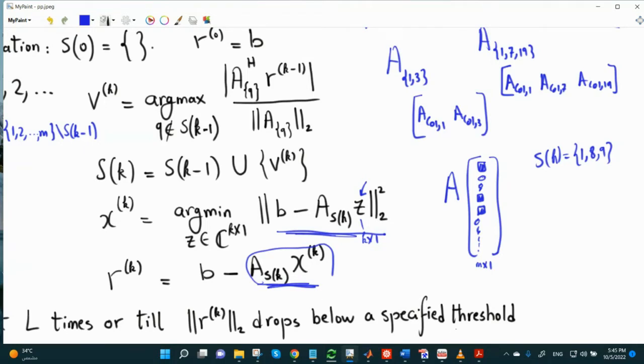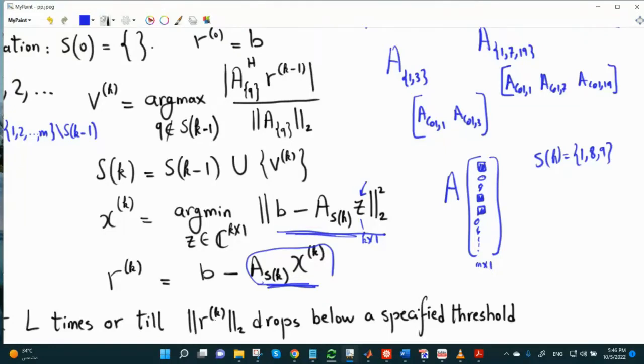Now, when I say something like this, is it guaranteed that this L2 norm will decay? And if it decays, will it decay to 0?